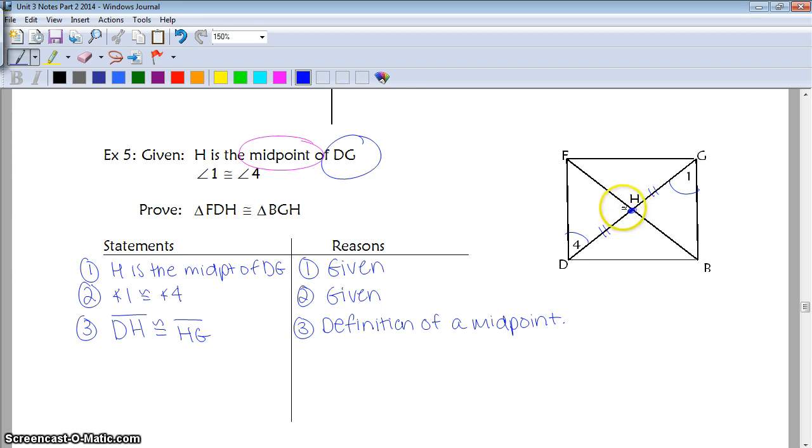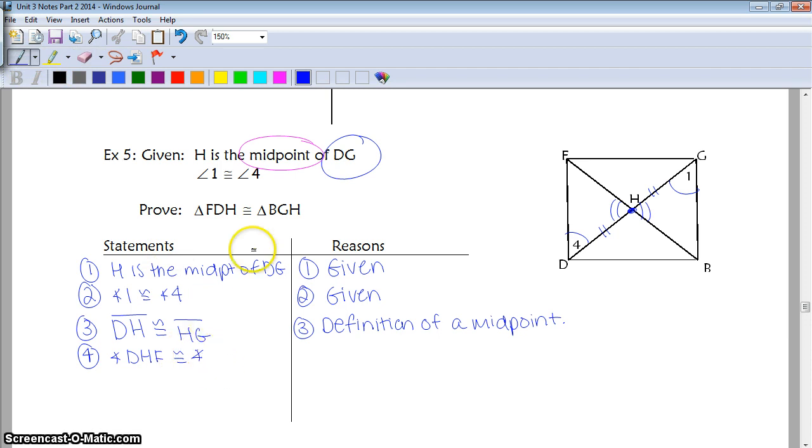We also have vertical angles. You cannot forget about those. If you put it in your picture, you have to write it in your proof. So these angles need to be listed with 3 letters, not just one, because there's a bunch of angles at H. So we could say angle DHF is congruent to, not to triangle, to angle GHB.